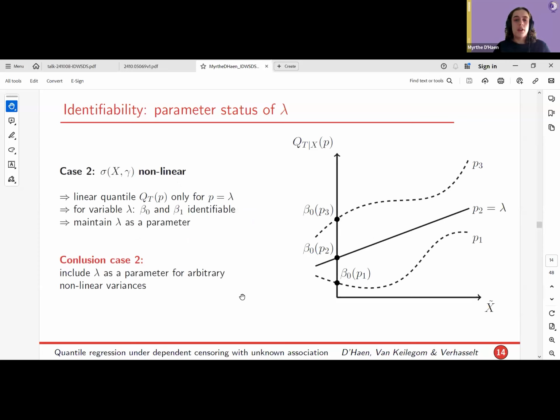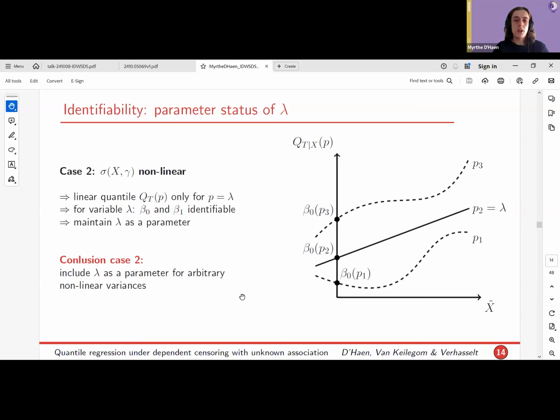On the other hand, as I said, in the nonlinear sigma case, there will only be one linear quantile curve, and so your model will be able to identify this specific level based on the data, and there's no need to specify it in advance. And actually, it's also better not to specify it because, of course, the probability of correctly specifying it is very small.